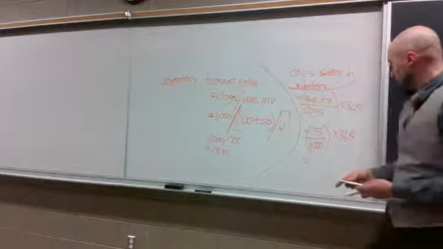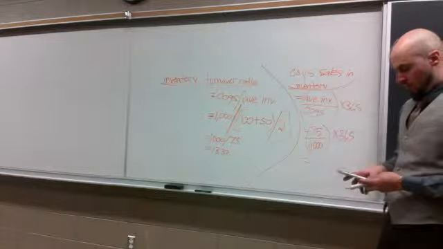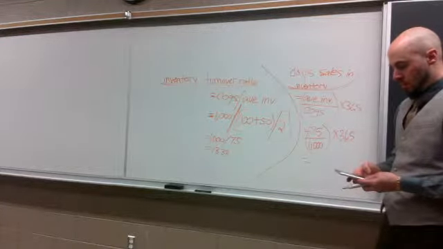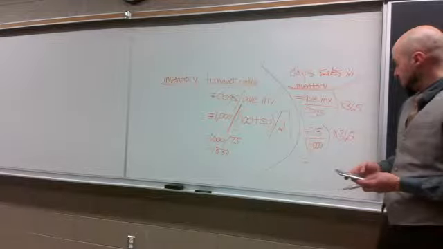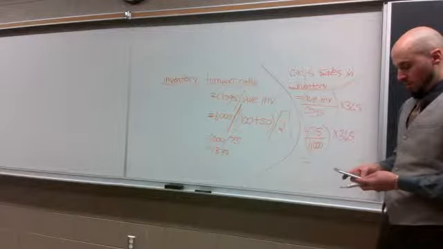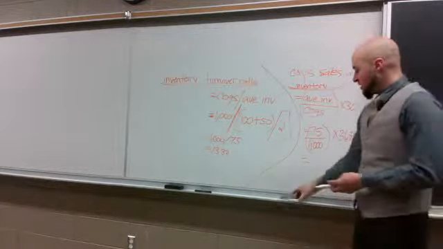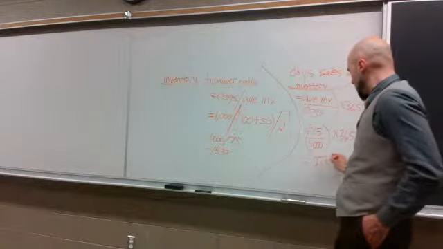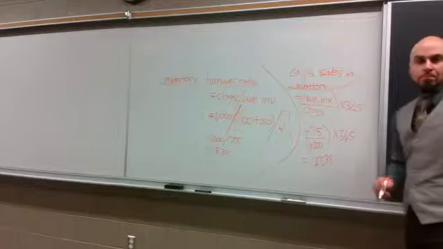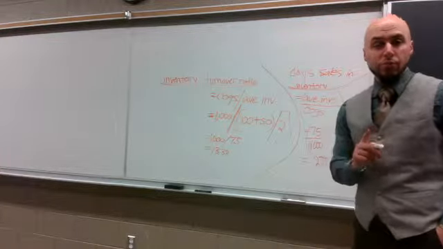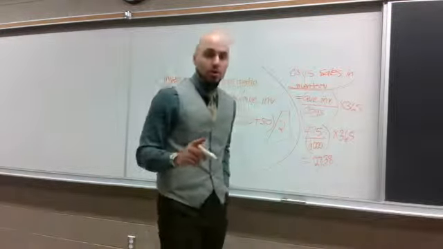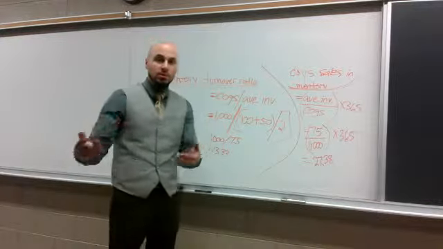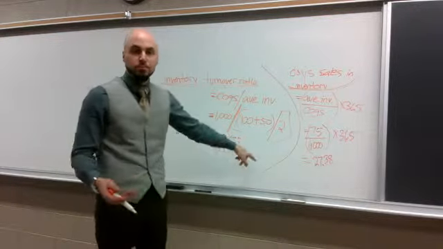Calculate to. 75 divided by 1,000 is 0.08 times 365. 27.38. 27.38 days we are waiting before we sell each bundle.